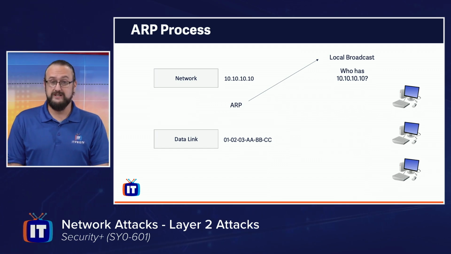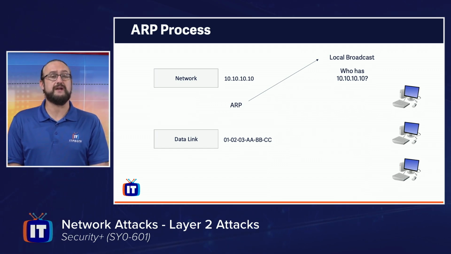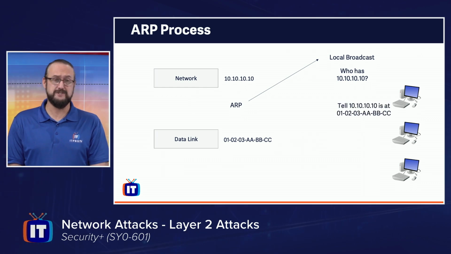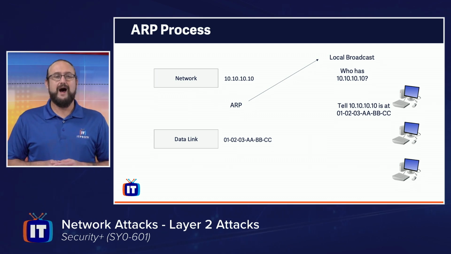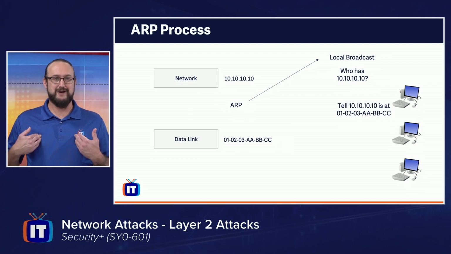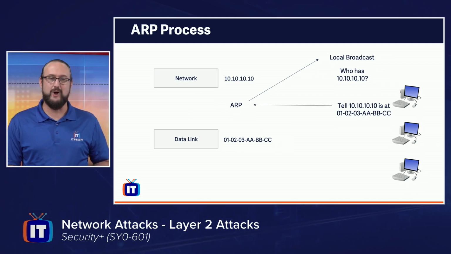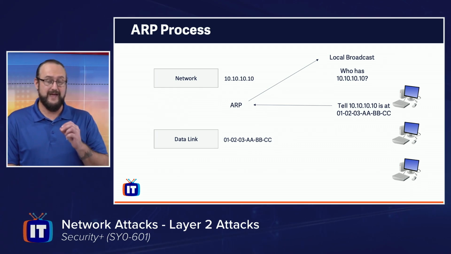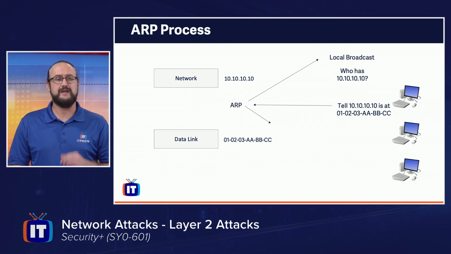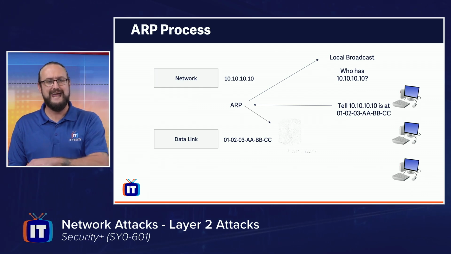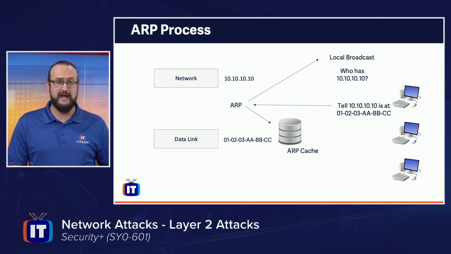But only the computer that actually has that IP address is going to respond back to ARP. It's going to tell you, guess what? I know where 10.10.10.10 is. That's my MAC address. Tell ARP that that's where you can find that IP address, and then the computer caches that in the local ARP cache.